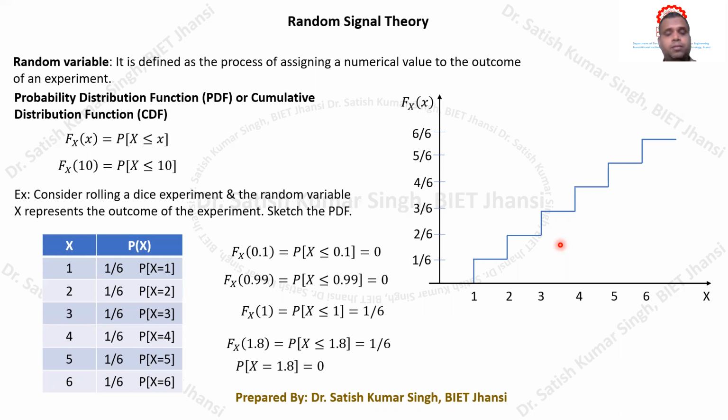In the beginning of this course, I explained different classes of signals, in which I told you that there could be random signals or deterministic signals. I'm just repeating what a random signal is and what a deterministic signal is.